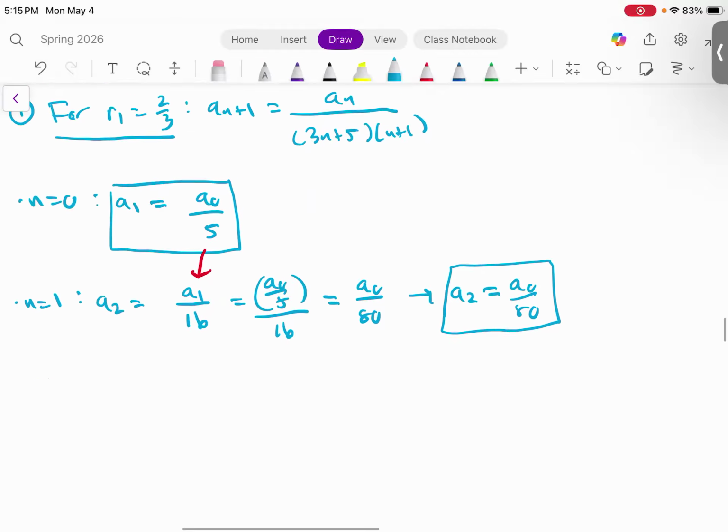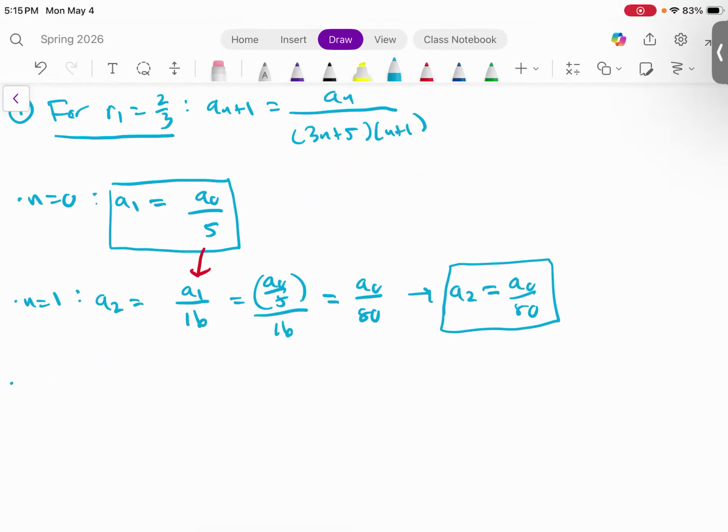Okay, so let's do one more, I guess for good measure. Let's get a3. So n equals 2, I get a3. That would be a2 over 33. Okay, so that would be a naught over 80 over 33, which is going to be a big number.